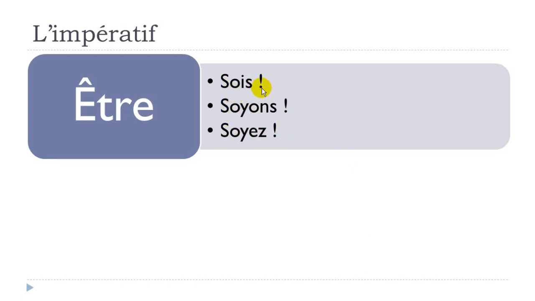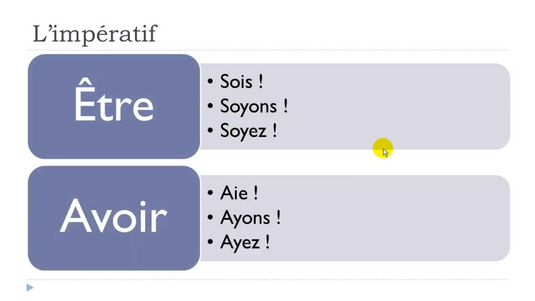All right, sois, soyons, soyez, and avoir will become aie, remember the final E is not pronounced, so you only have this AI sound, aie, ayons, ayez. So one more time, sois, soyons, soyez, then aie, ayons, ayez.